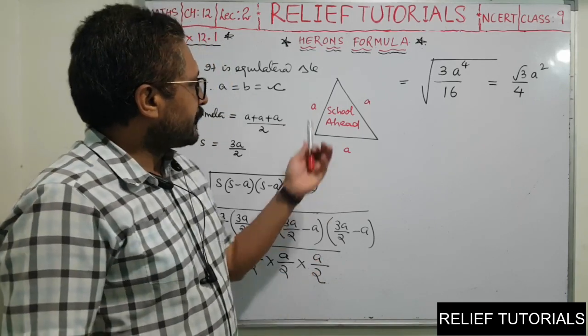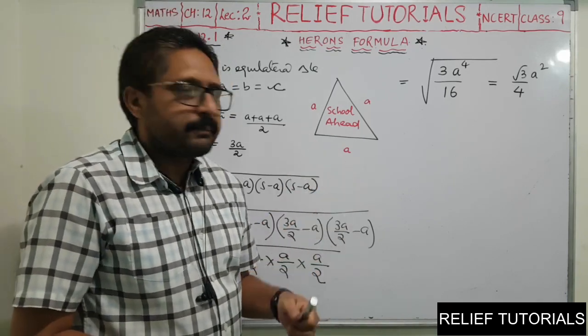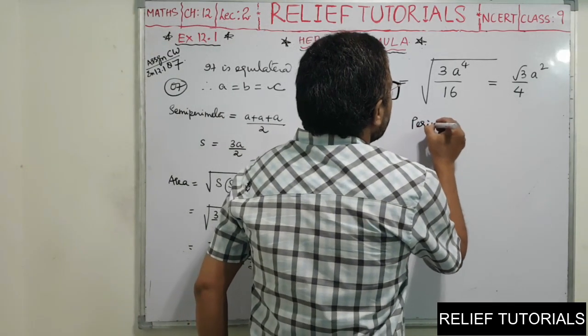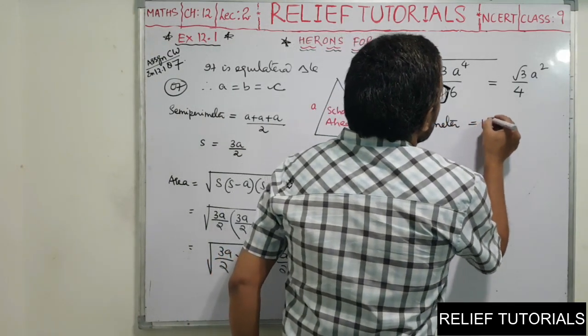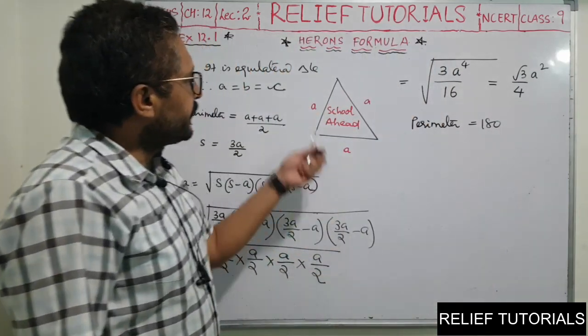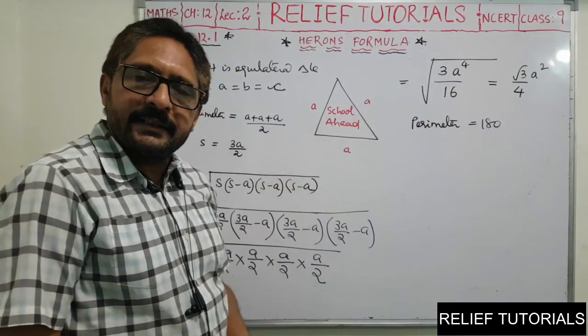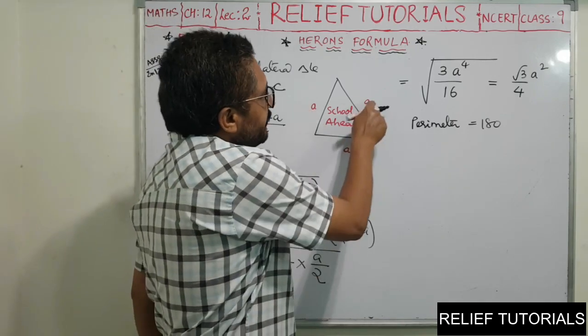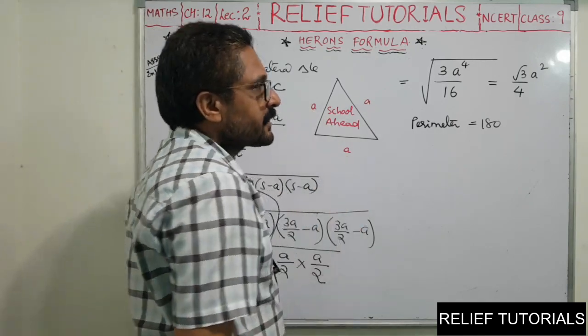Okay, never mind. We will complete our problem first. Now it is given perimeter is 180. Perimeter 180 means sum of all three sides is 180. So you know that the measure of each side will be 180 divided by 3, that is 60.